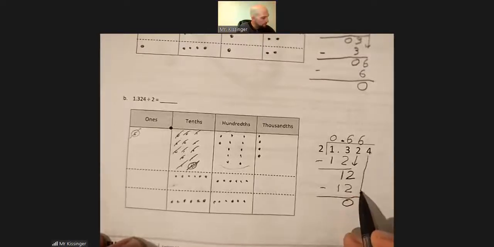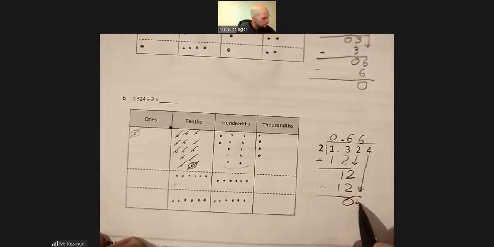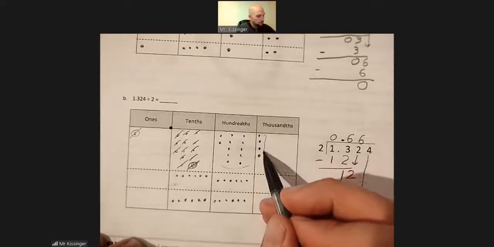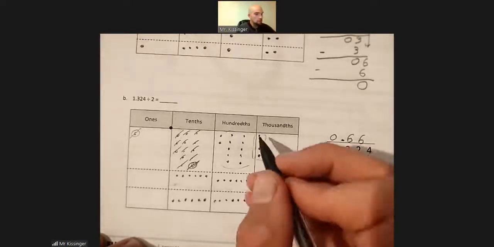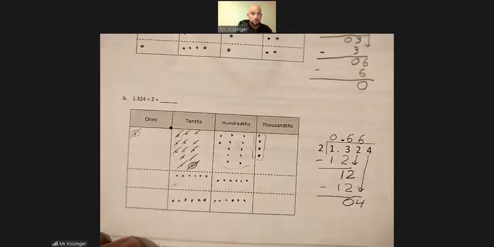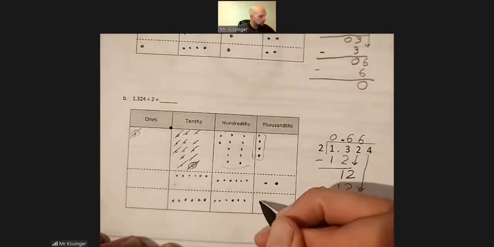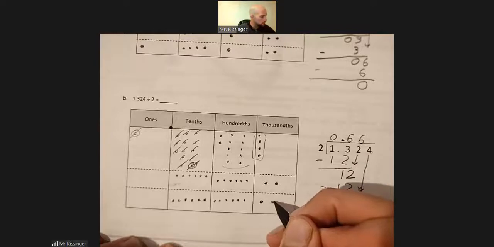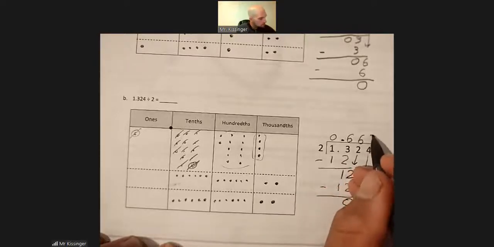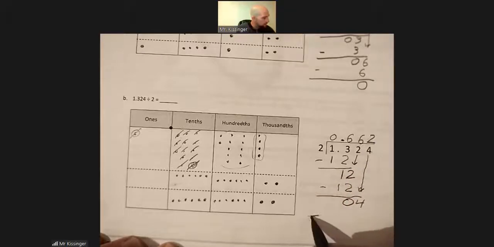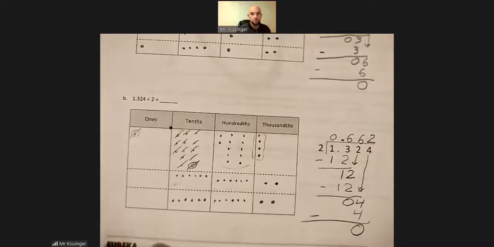We'll bring down our 4, which is our 4 right here in our thousandths. Well, we can split 4 into 2 groups, and there'll be 2 in each group. 4 divided by 2 is 2. So we can put 2 up here. And then we're going to subtract those 4, and that gives us 0.